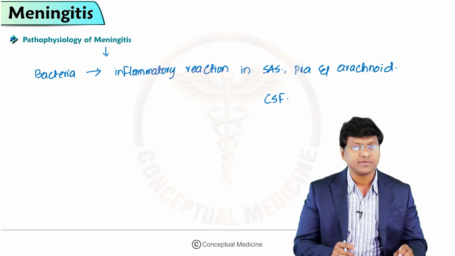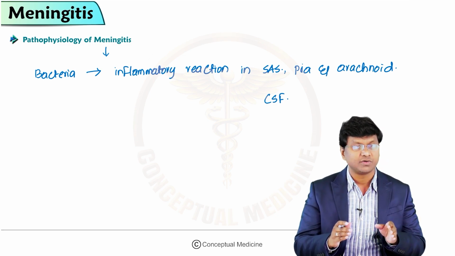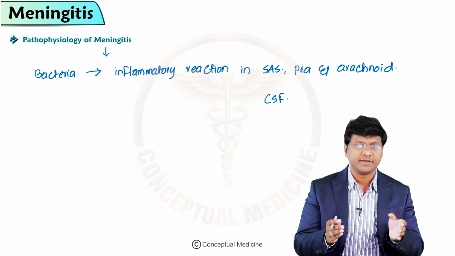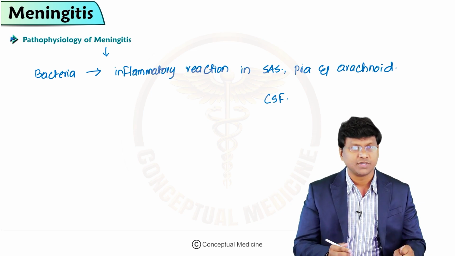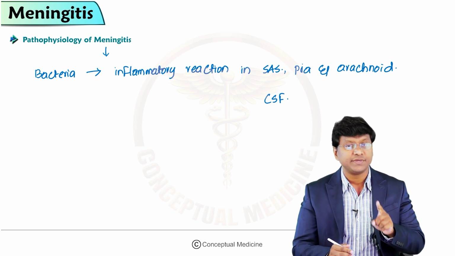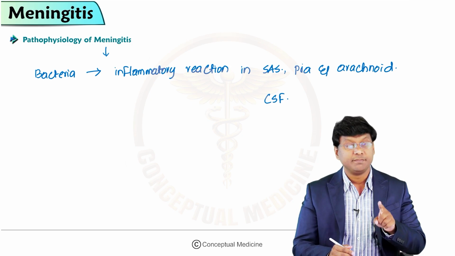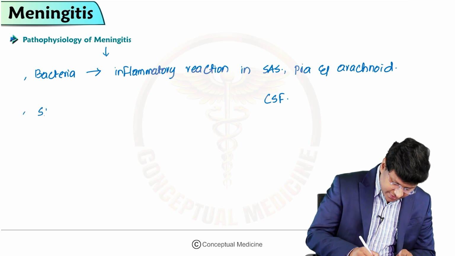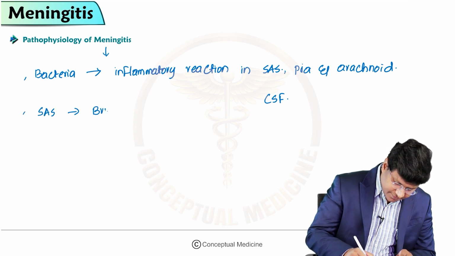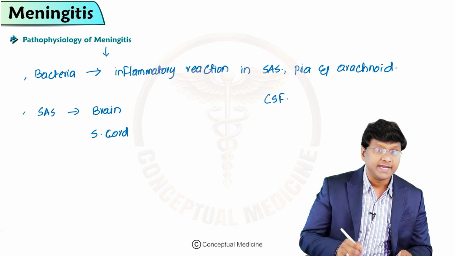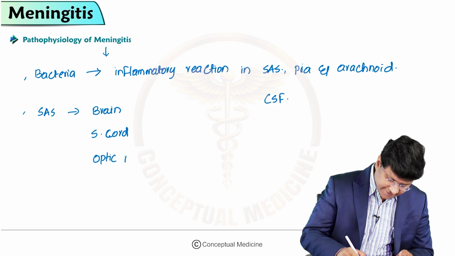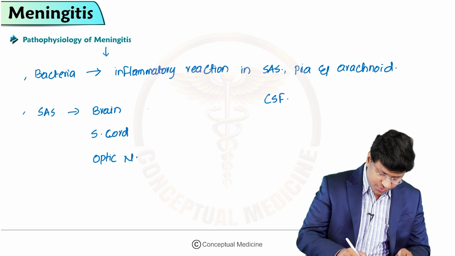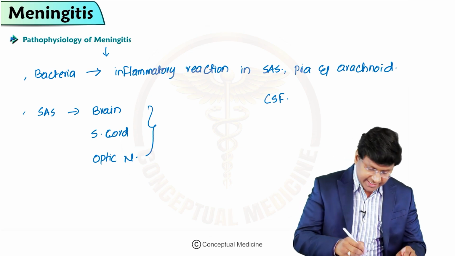Now, since the subarachnoid space is continuous around the brain, the spinal cord and the optic nerve, an infective agent gaining entry to any one part of the space may spread rapidly to all of it.